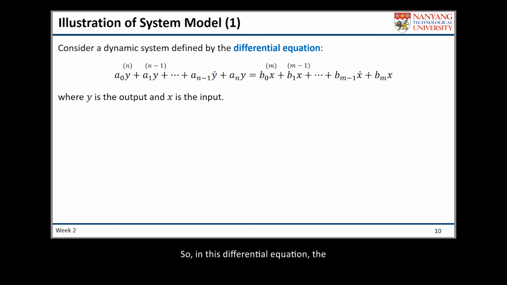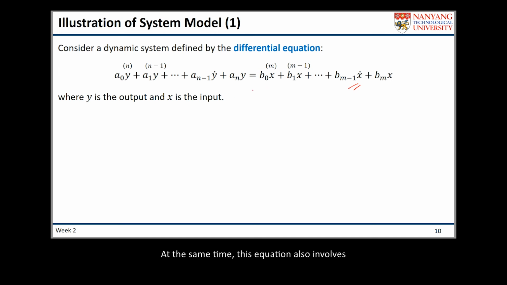So in this generic form of differential equation that you can see in this slide, you can consider x as an input to the system, and y is the output. If you look at this differential equation, it involves the first derivative of the input, second derivative, third derivative, until the (m minus 1)th derivative and the mth derivative of the input.